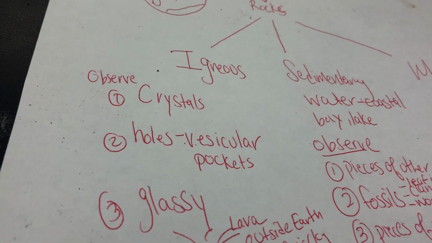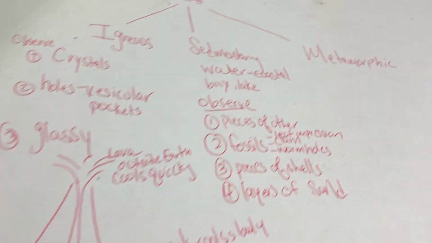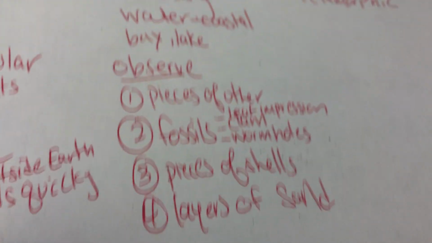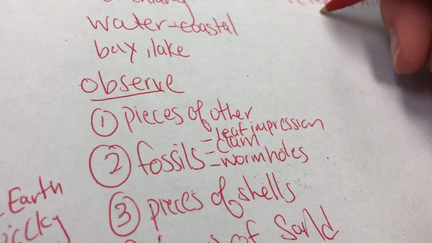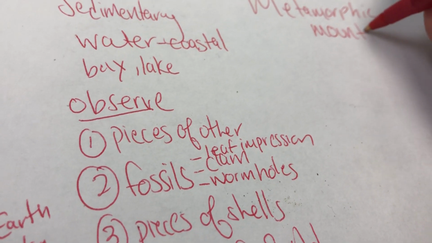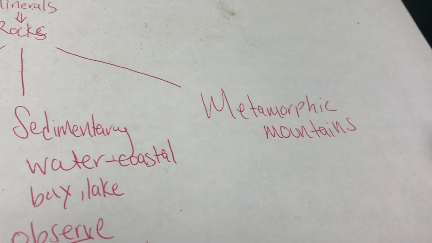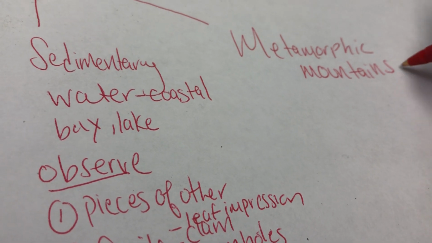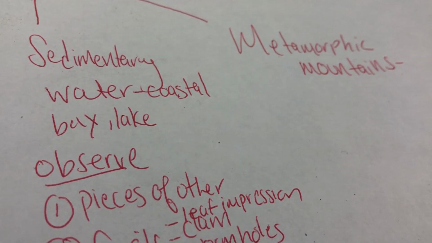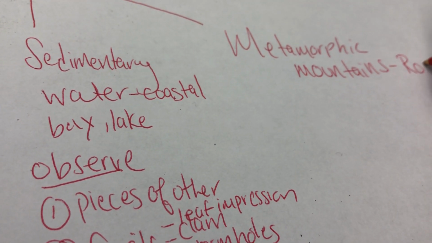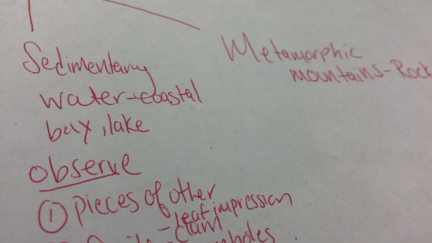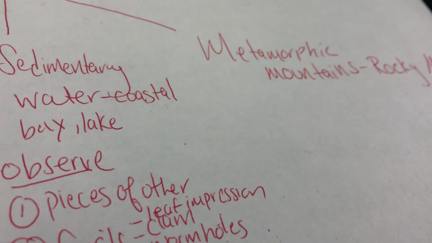The final type of rock is metamorphic. Metamorphic are found in mountains. So in North America, there are two mountain regions. The Rocky Mountains, which are in Colorado.